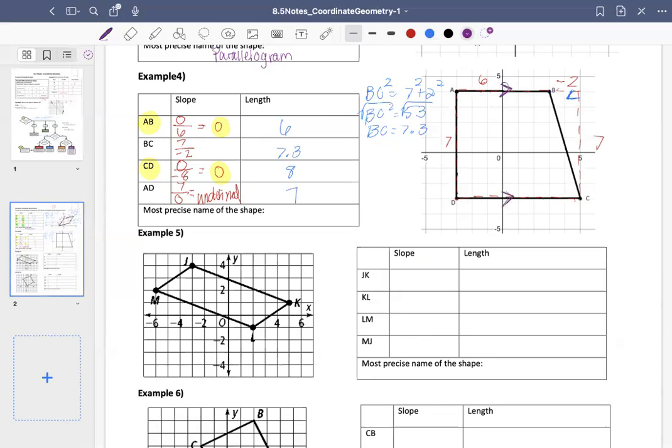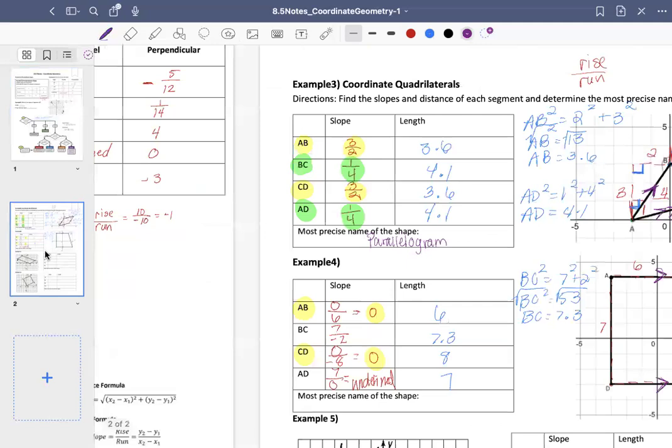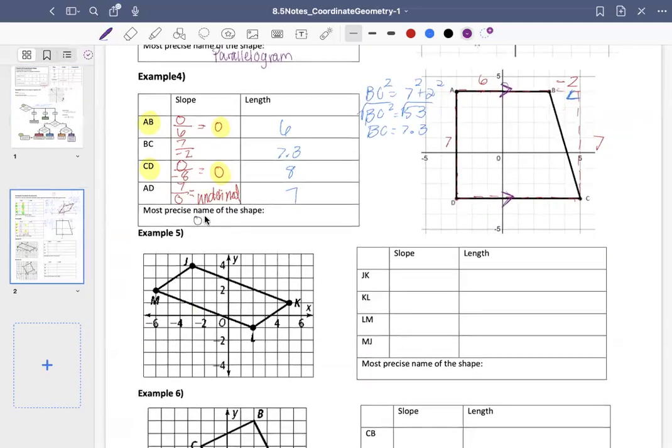And then 7, -2, and undefined are not the same number. So we only have one pair of opposite parallel sides, which means we're going to be here in that second branch, which is just going to be other quadrilateral. So the most precise name I can give this is other quadrilateral.